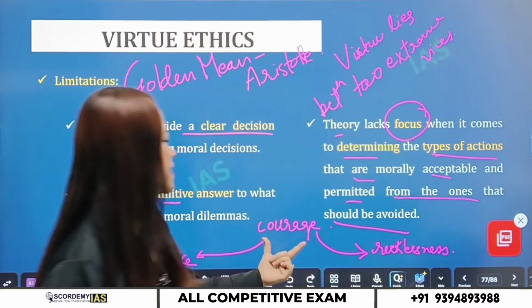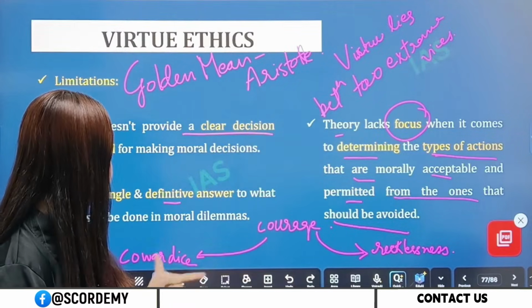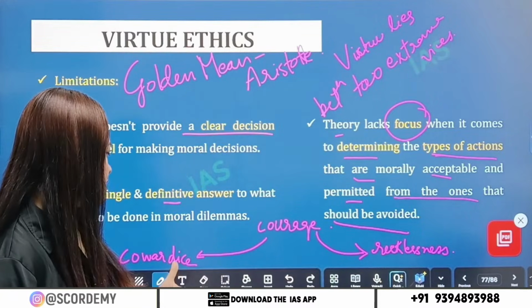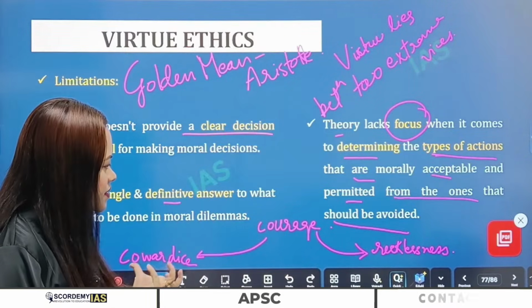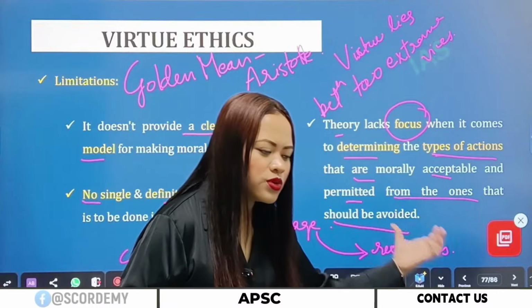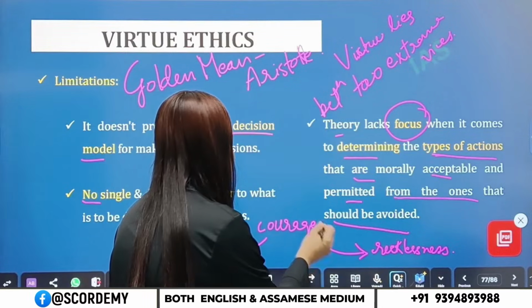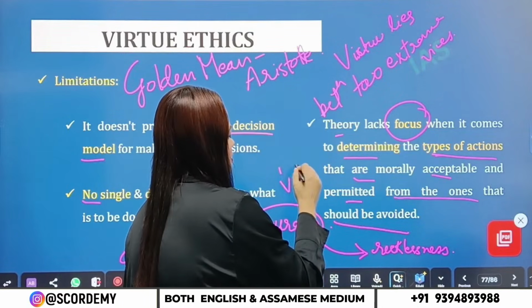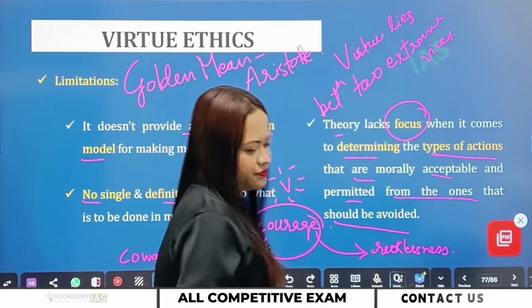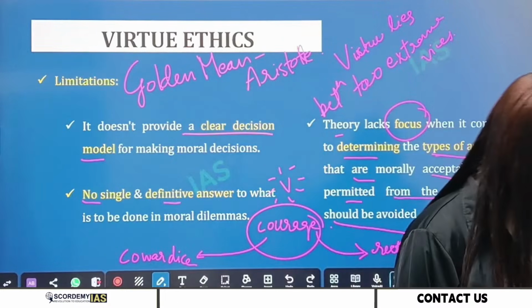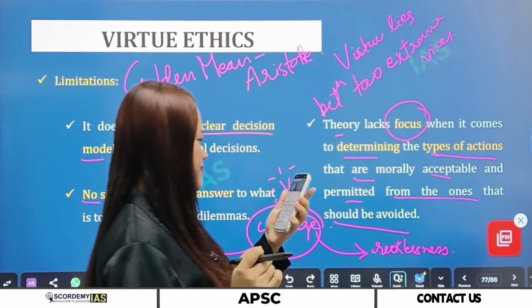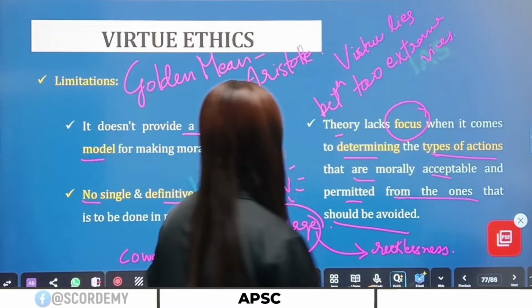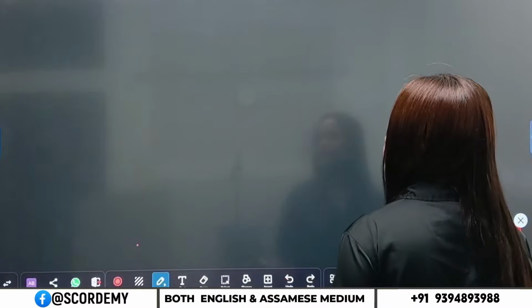So virtue is something that lies between two extreme vices. The golden mean between being a coward and being reckless or foolhardy is courage, and this is a virtue.